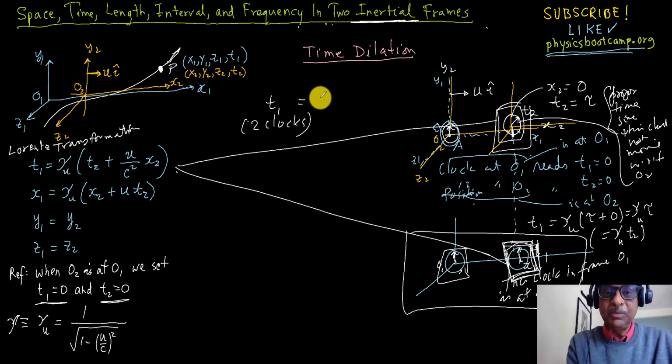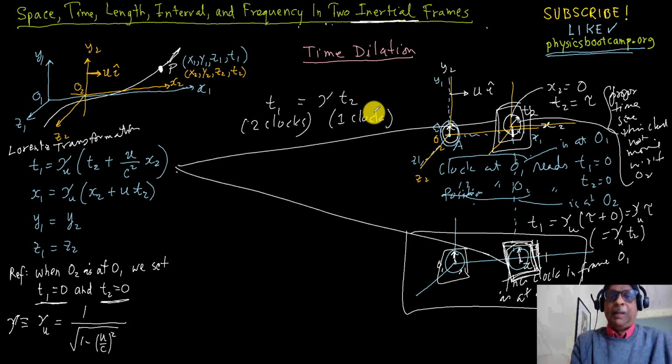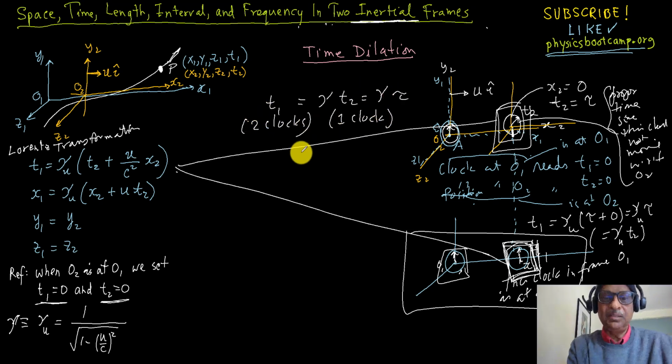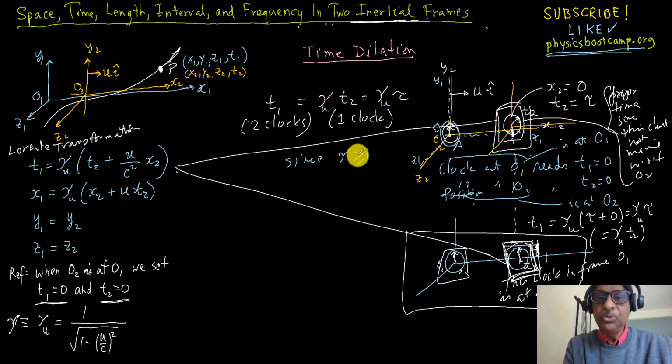T1 is equal to gamma T2, and this is one clock. Now, with one clock, this is proper time, tau, and T1 is equal to gamma tau. And you can see that since gamma U is greater than or equal to 1, if you use U equal to 0, it's equal to 1.